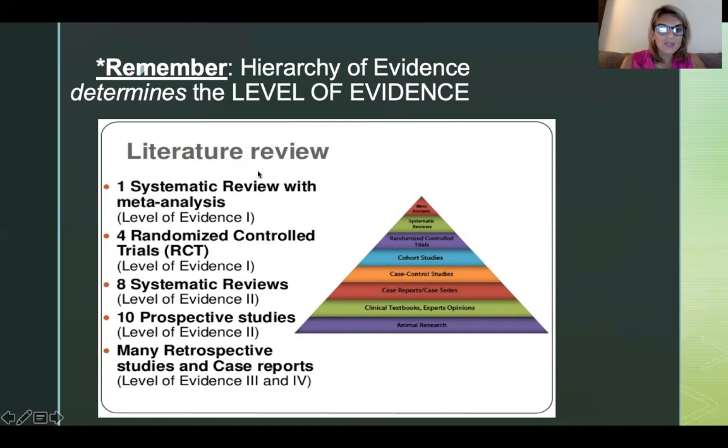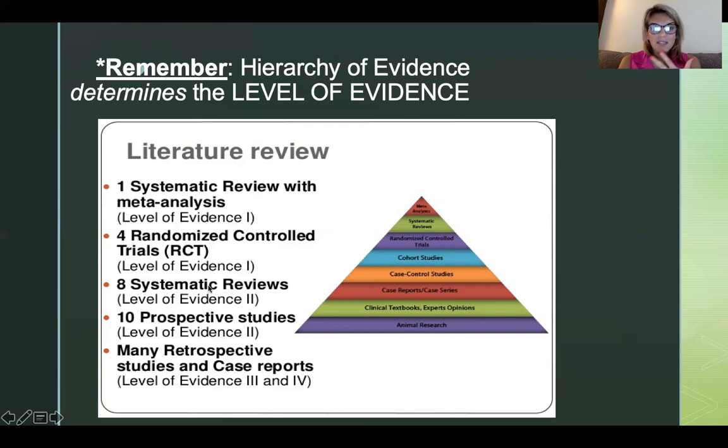Okay, and this right here is an example of how somebody was doing a literature review and what they came up with in their research article. So right here, in their research, they found 1 systematic review with a meta-analysis. So right away they knew that's level of evidence 1. In their research article, they found 4 randomized controlled trials. Okay, so in this pyramid in particular, they classified it as level of evidence 1. So it could fall between 1 and 2. All right, it just depends on the actual research and the actual trials that are being done.